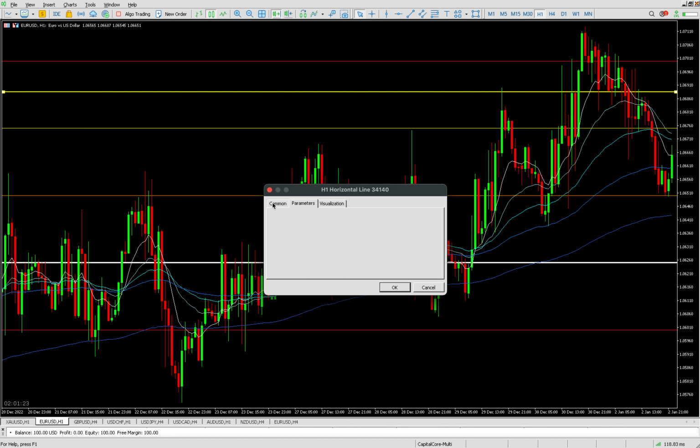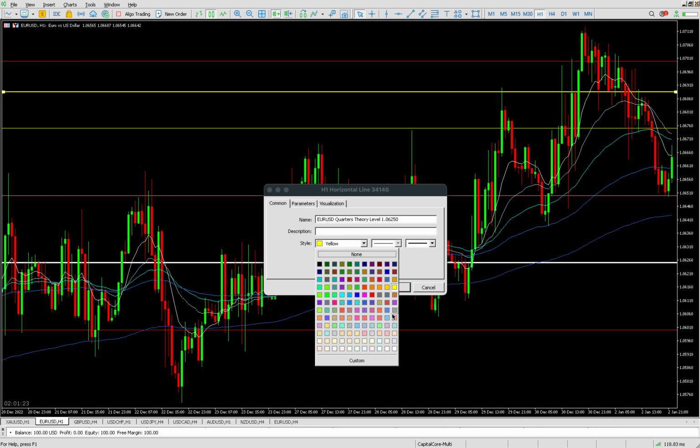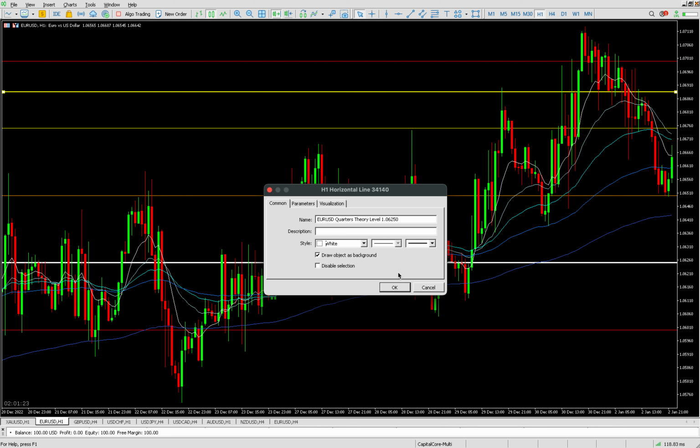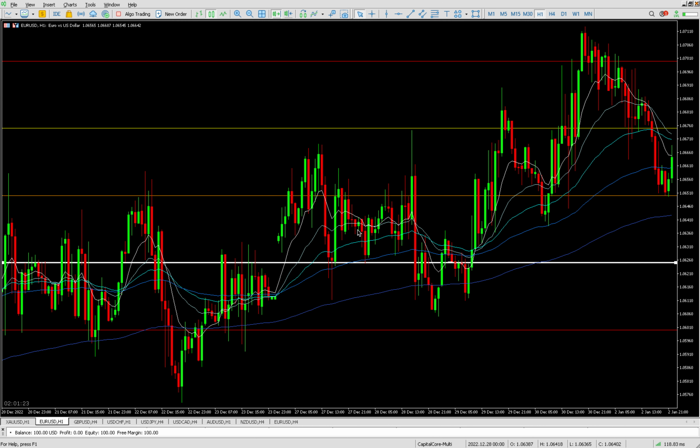Now if you're new and you're not confident yet, you can check it. I need to change the color to white. If you want to make sure, just check the level before you disable selection. That'll lock it in. Okay, as you can see, I screwed that one up.